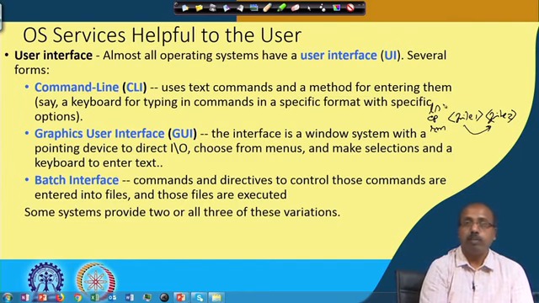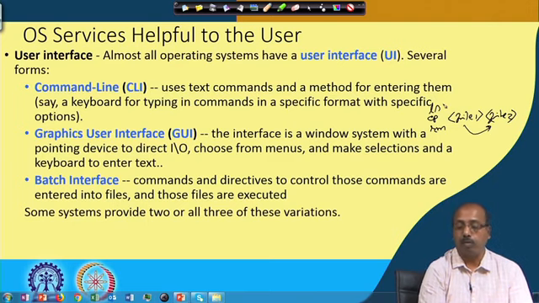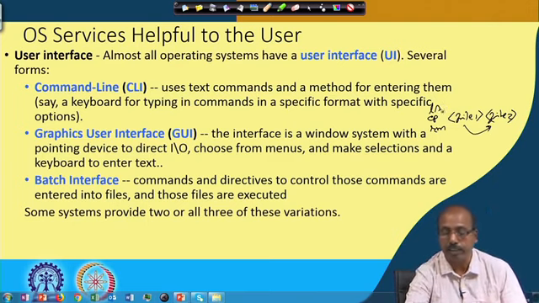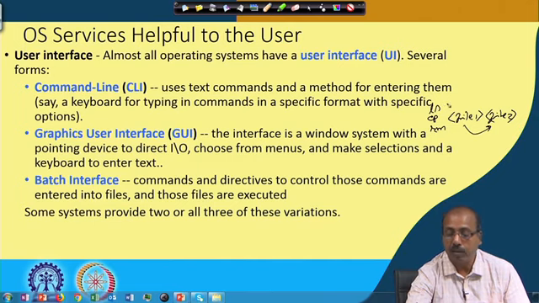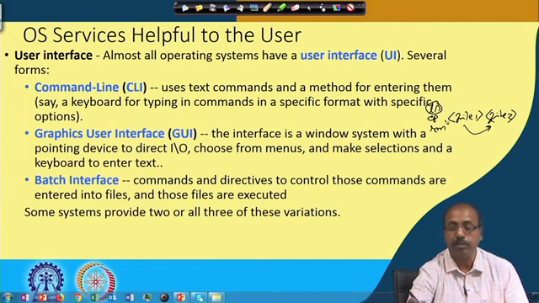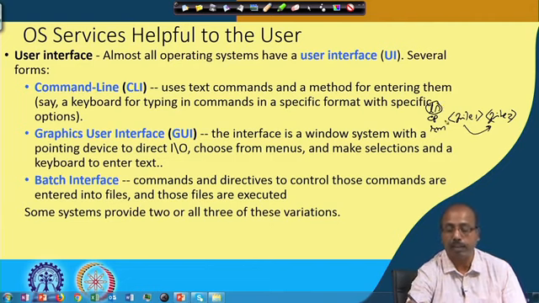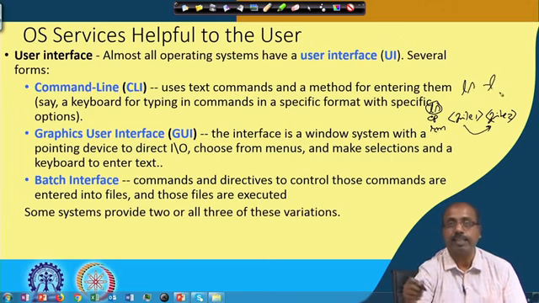Now, the first or initial operating systems had this type of command line interface, and they have a large number of arguments. The ls command itself has many arguments. If you give simply ls, it will just list the files. If you give ls -l, the l stands for long list.